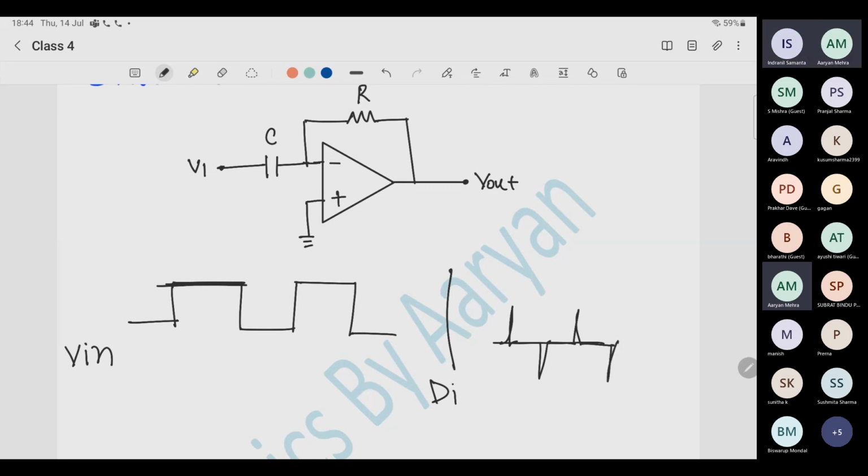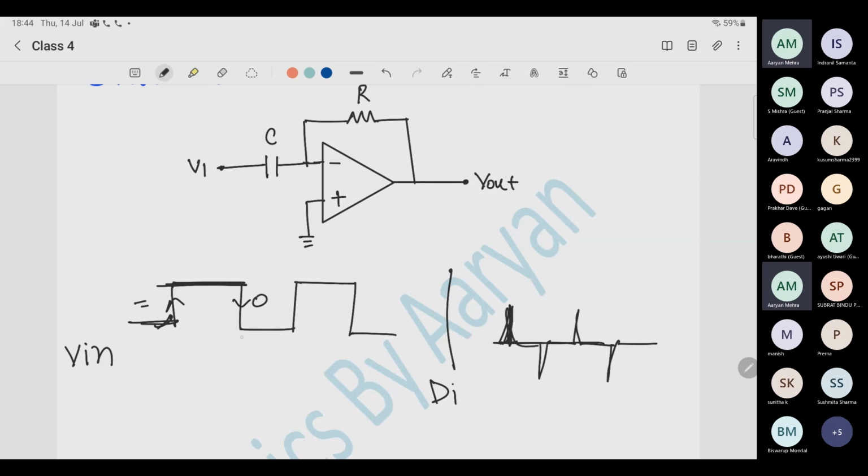You get peaks. Why peaks? Because see very carefully, at this point your signal is increasing, at this point your signal is decreasing. At both points the answer should be zero, but it does not go to zero immediately, because your signal is changing a little bit here. That is why you get a peak here. As soon as the signal becomes constant, it goes to zero.